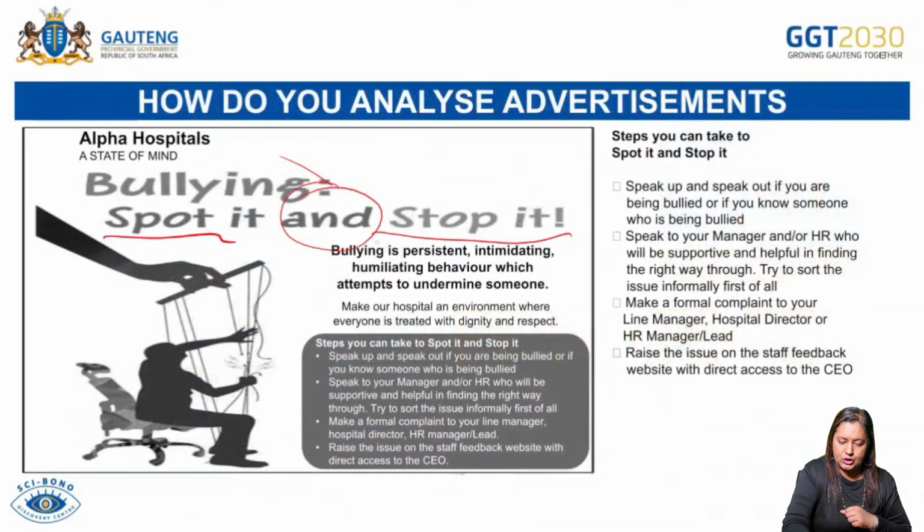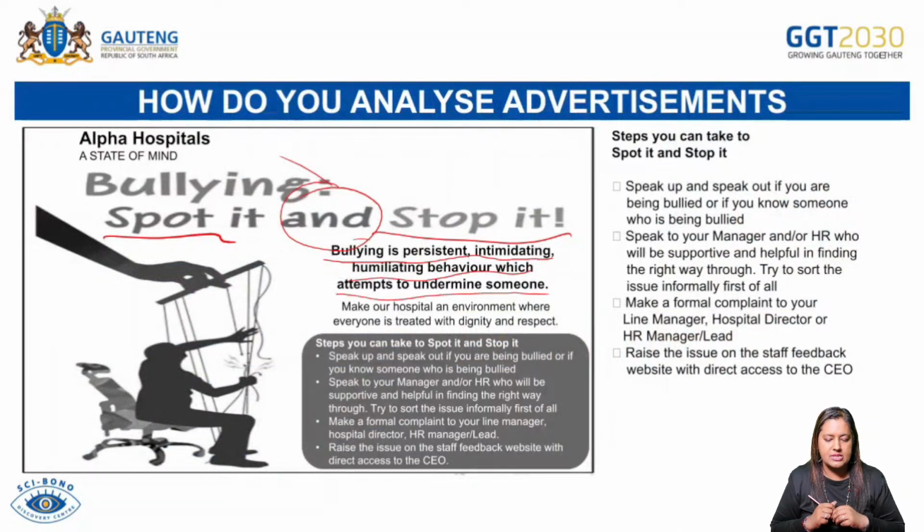From that to the bottom part, which is now the words stating bullying is persistent, intimidating, humiliating behavior which attempts to undermine someone, right? So in this particular hospital, they are dealing with aspects of bullying and they want to showcase to us how to stop it. So you need to identify with it first and then stop it from occurring going forward.